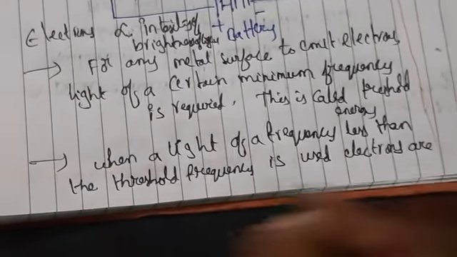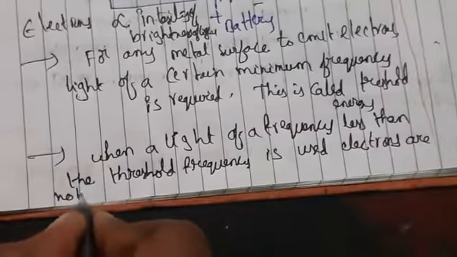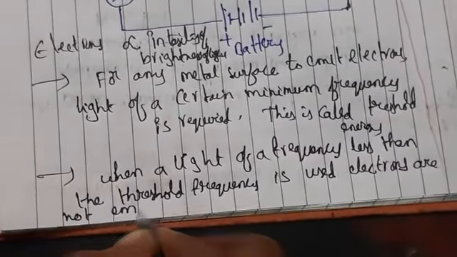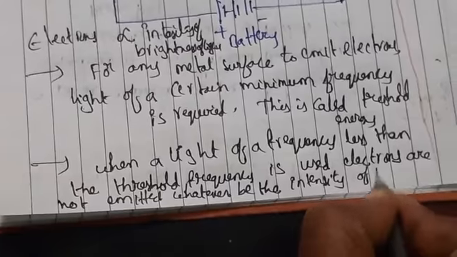Then electrons are not emitted, whatever be the intensity of the light.